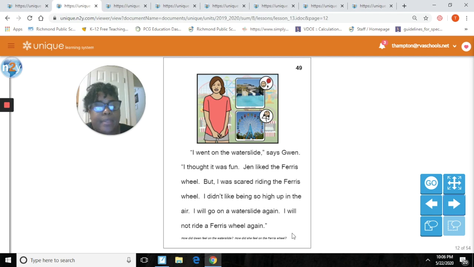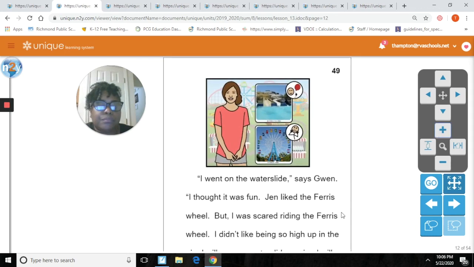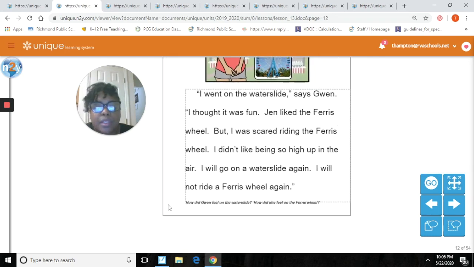Okay, let's see what our focus question says. And it says here, how does Gwen feel on the water slide? How does she feel on the Ferris wheel? So we have to go to the part of the sentence that talks about the water slide and the Ferris wheel.